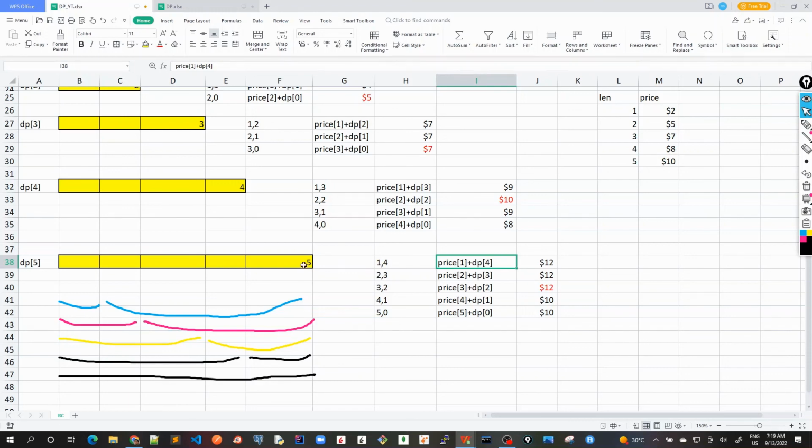For example, if this here is 5, we start with price 1 and take dp of 5 minus 1, which is 4. Then we take price of 2, 2 is less than 5, and then we take 5 minus 2, which is 3, and dp of 3. So this is the algorithm that we have just derived by using this approach. And in the next video, we'll see how we actually implement this in Java.